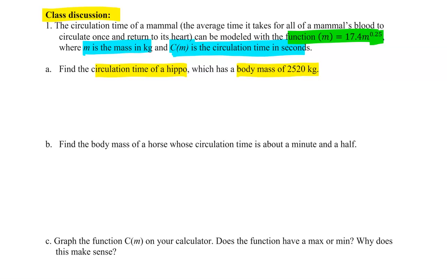So we know the circulation time of a mammal is modeled with the function C of m is equal to 17.4 m raised to 0.25, and we want to find the circulation time of a hippo which has a body mass of 2520 kilograms. So we want to solve C of 2520.